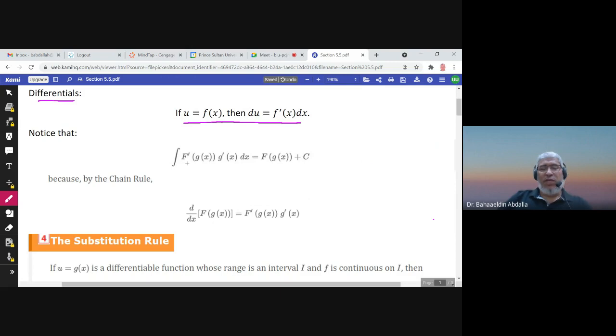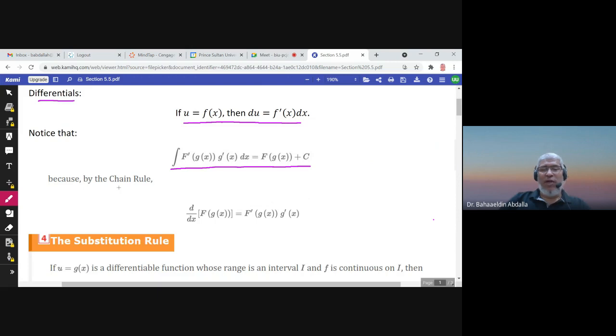Now notice the integral of f prime of g of x times g prime of x dx. So g prime of x is the derivative of the function which is inside f prime. The integral would be capital F of g of x plus c. How to check that this rule is correct?